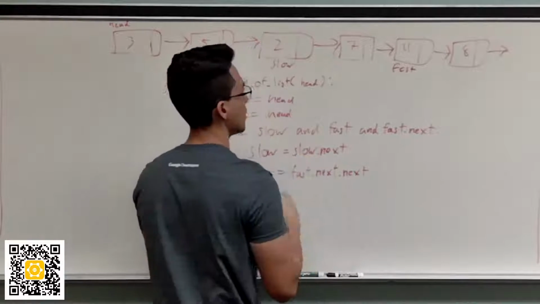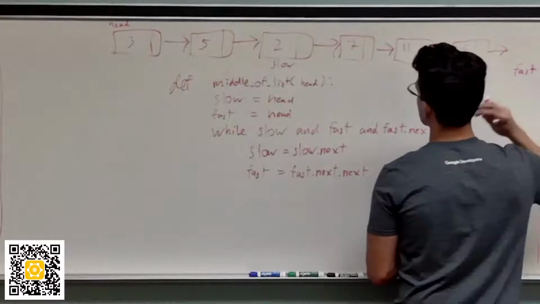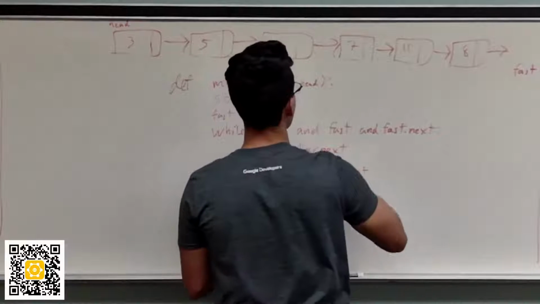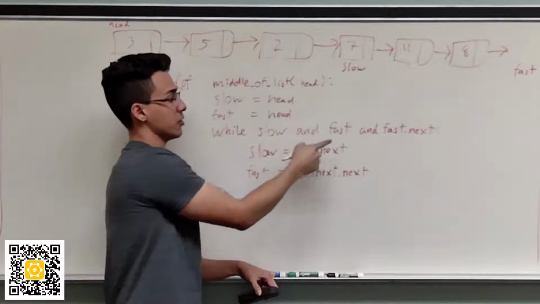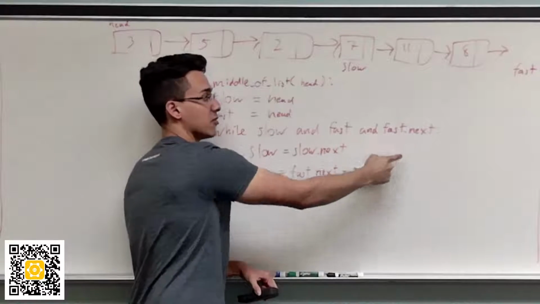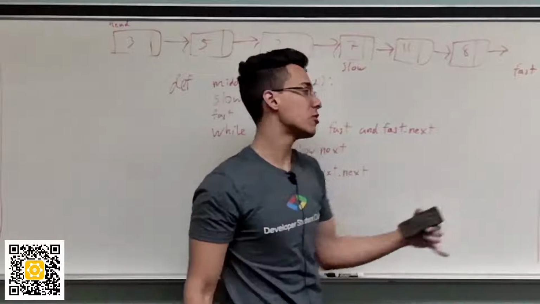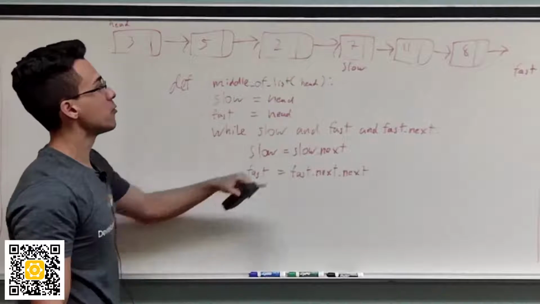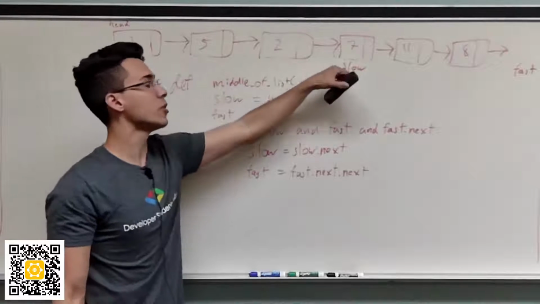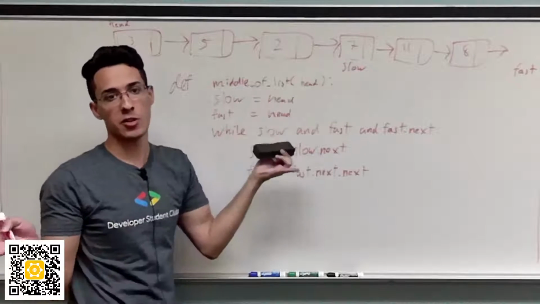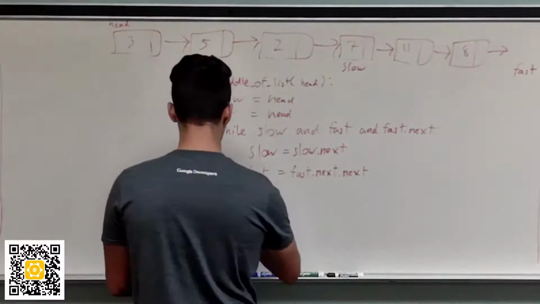And so the while loop checks if slow is still there, it checks if fast is still there, and that fast next is still there. So in this case, we move fast, now fast is null. So that means this while loop stops. And I said before that this was going to be the middle, right? Because the length is 6, and this is 0, 1, 2, 3. So this is the middle, arbitrarily. I just chose it to be that way. So slow is at the middle, so we return slow.